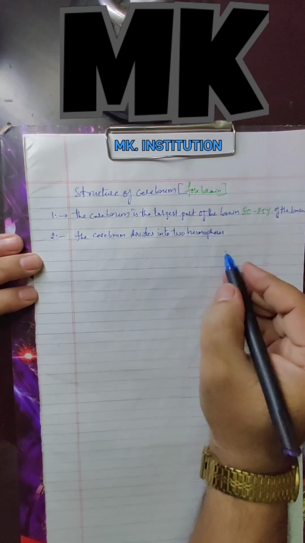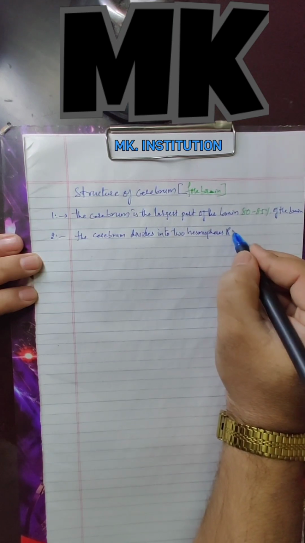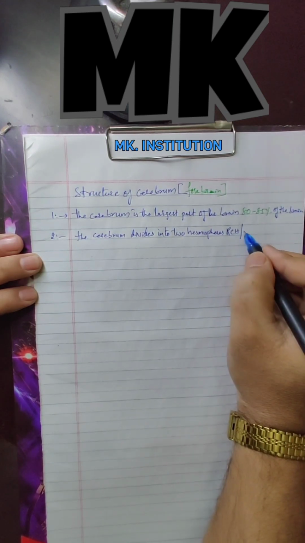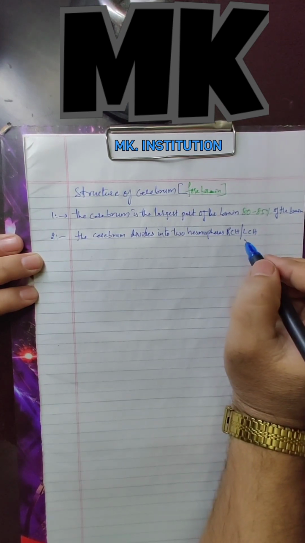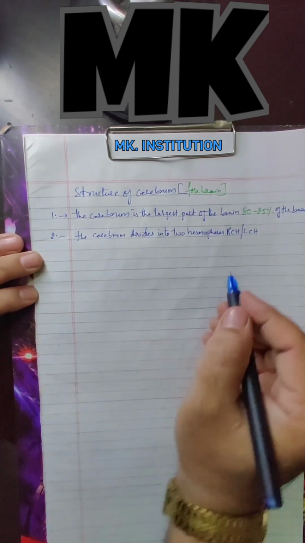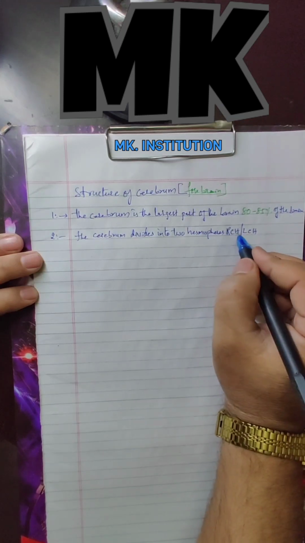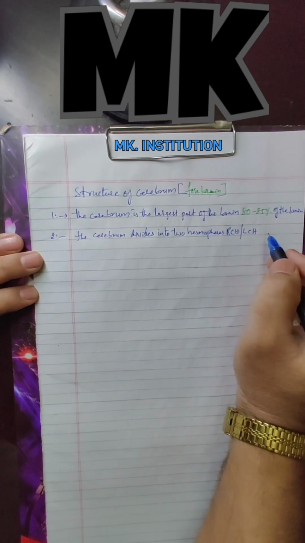Right cerebral hemisphere and left cerebral hemisphere. These are the two. Clear?